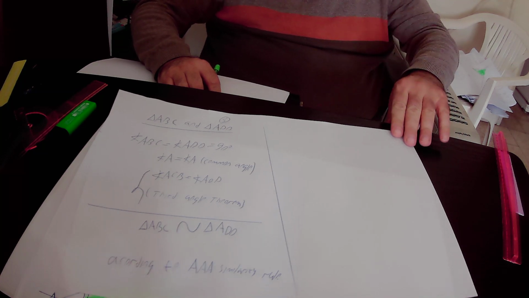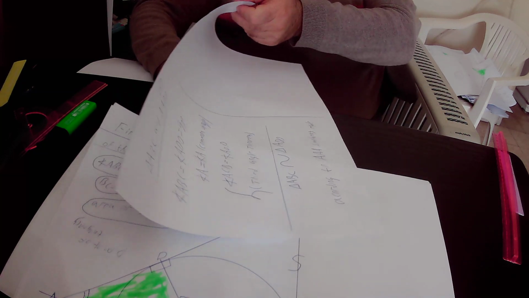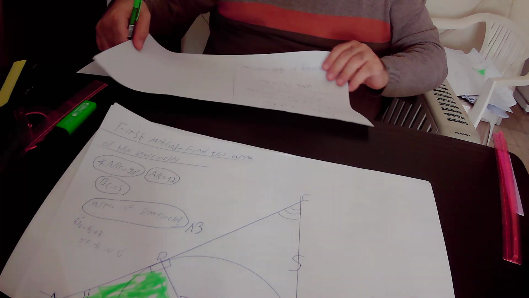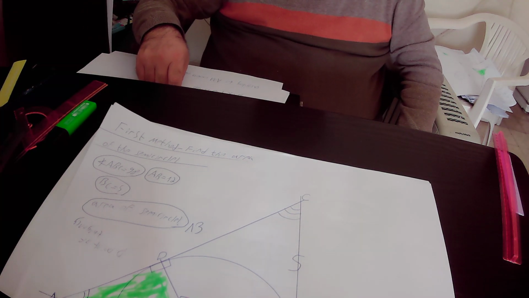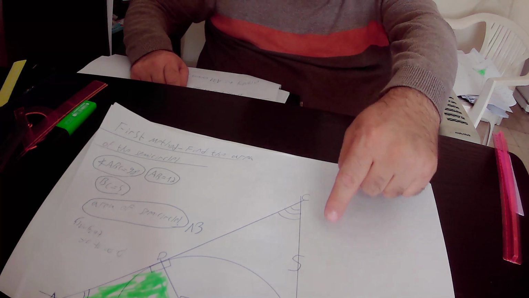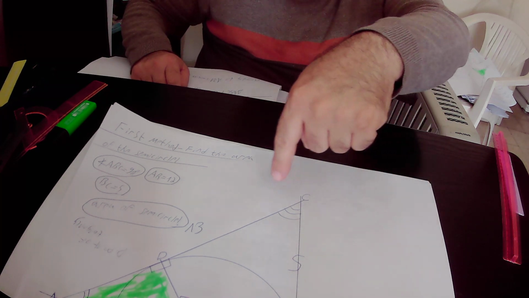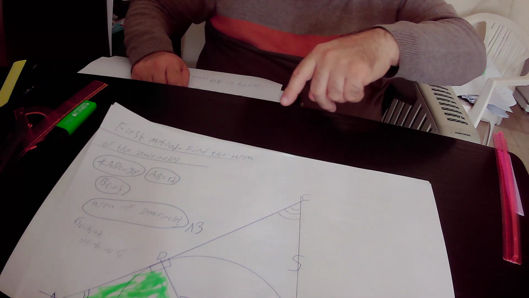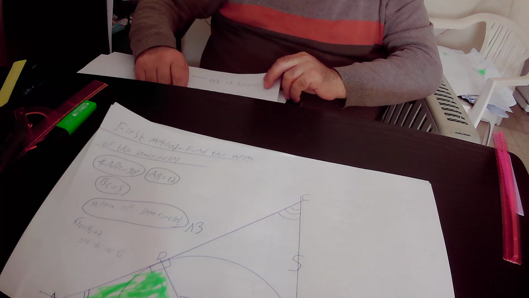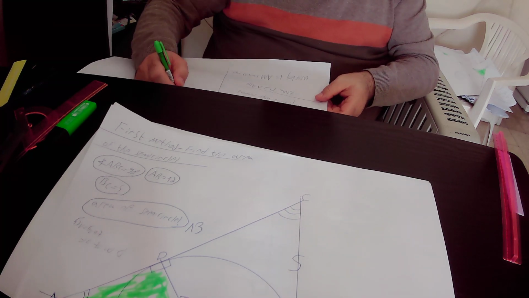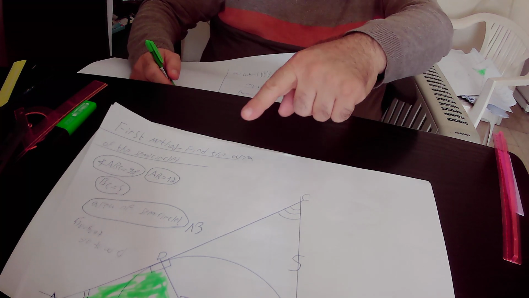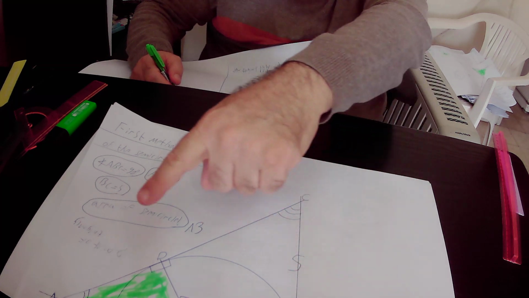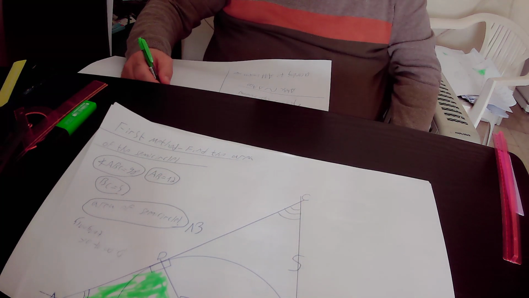And from the fact that triangle ABC is similar to the green triangle ADO, we will conclude that CB over CA in triangle ABC is equal to DO over AO in the green triangle.